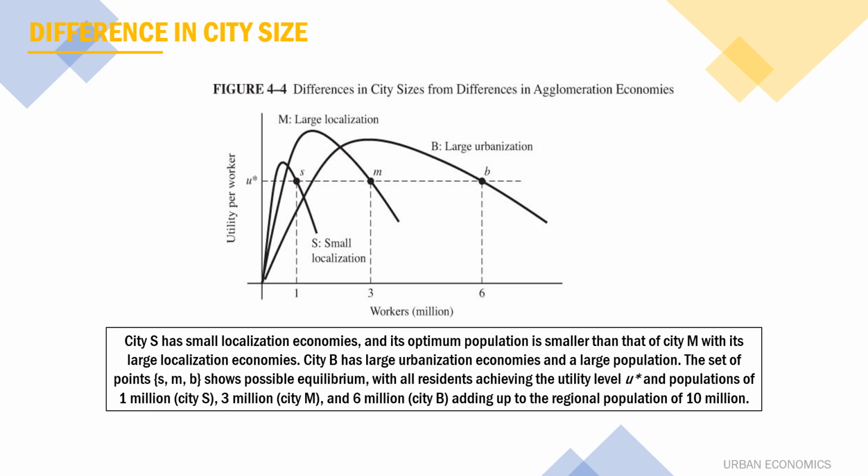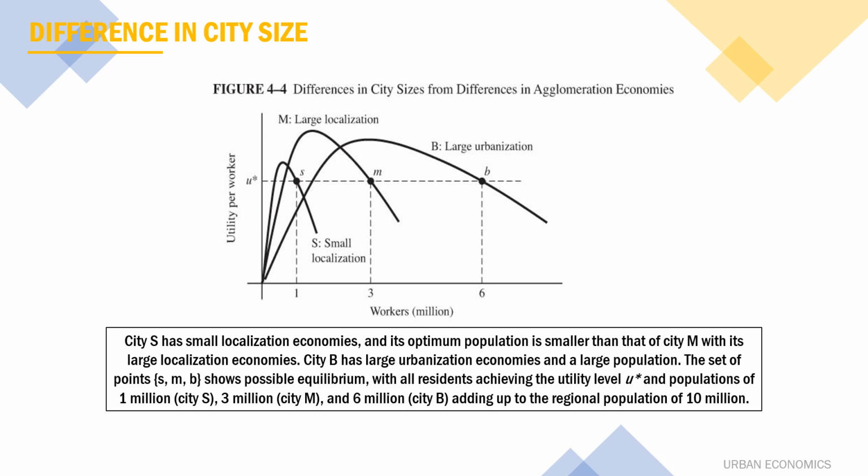So the local equilibrium requires that the workers in the region are indifferent between these 3 cities, meaning that the workers in the 3 cities must achieve the same utility level. And we assume that the region has a total of 10 million workers. Looking at point S, point M, and point B shows one possible equilibrium.